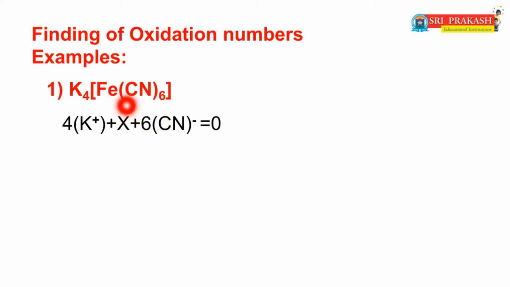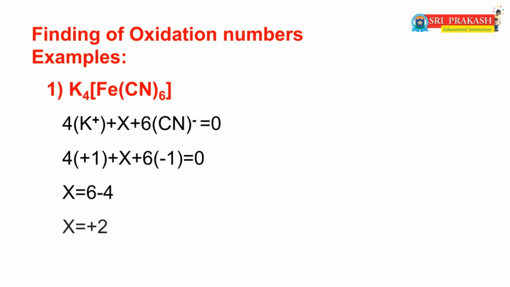Now we find the oxidation state of iron. 4 into K plus X, here X is iron, plus 6 into CN minus equal to 0, because this complex does not contain any charge. So 4 into +1 plus X plus 6 into -1 equal to 0. Now the oxidation state of iron in K4[Fe(CN)6] is +2.